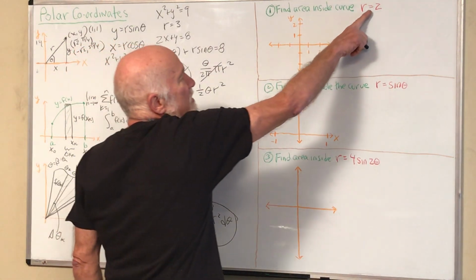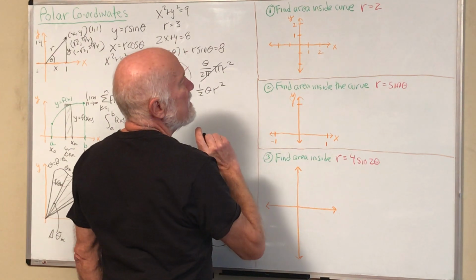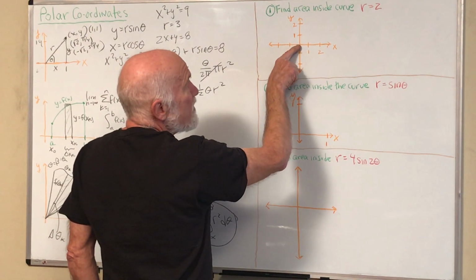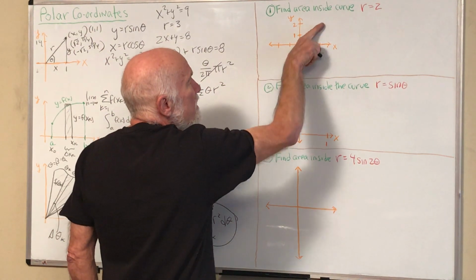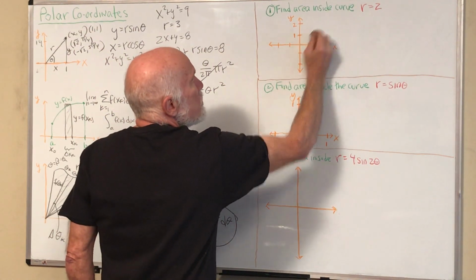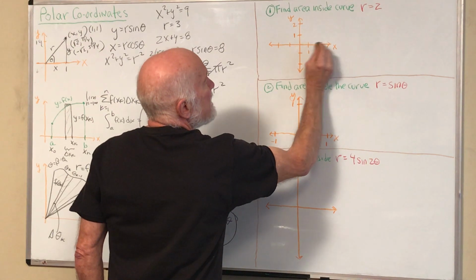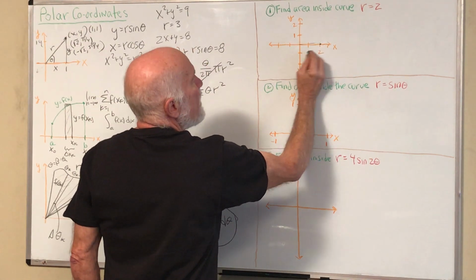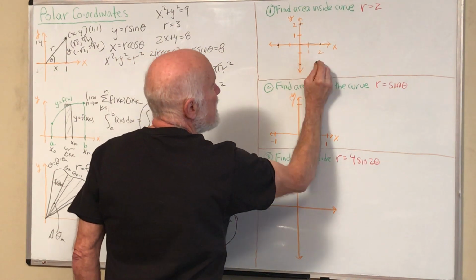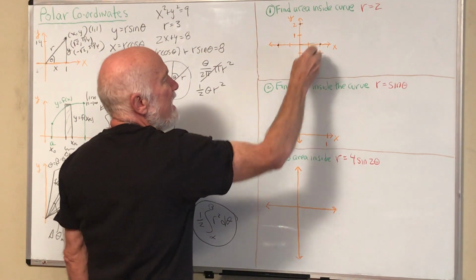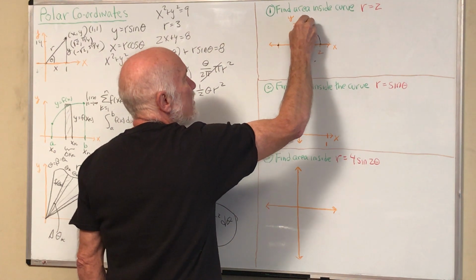So what does r equals 2 look like? You could think of it as just for every angle theta, there's no theta in here, every angle theta, r is 2. So you're just going out 2 in every direction to get a point. 2 in this direction, 2 in this direction, and you see it would be a circle.